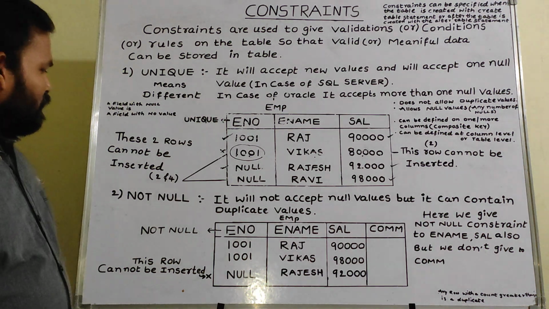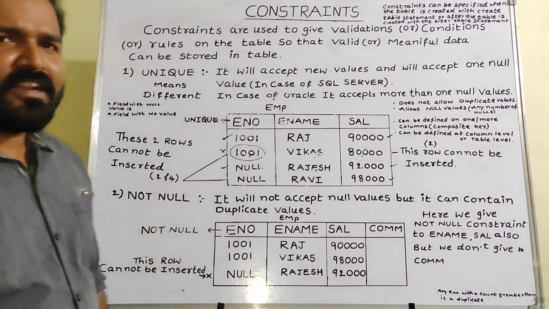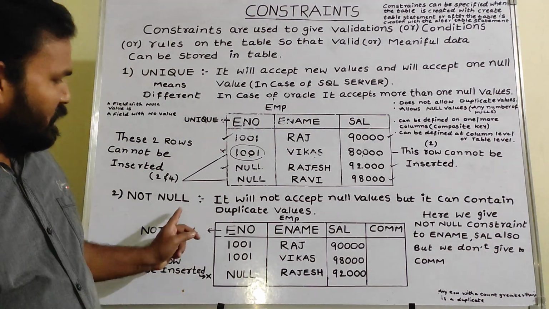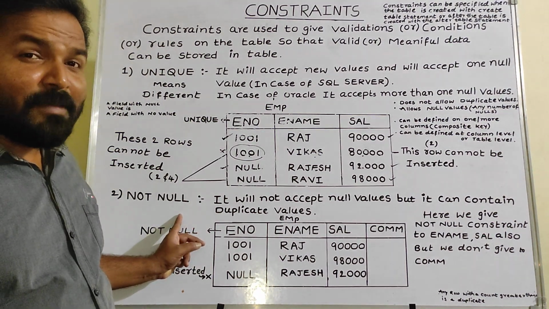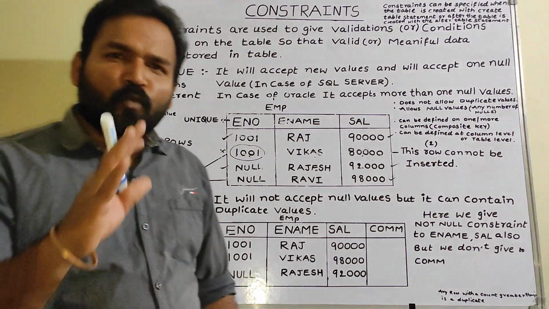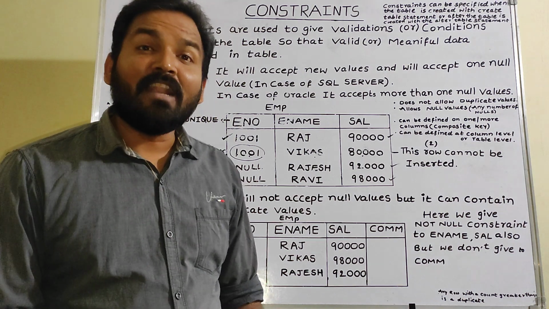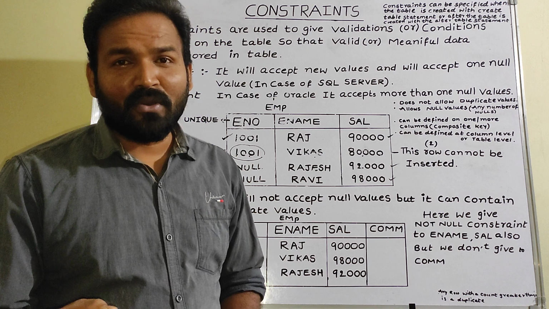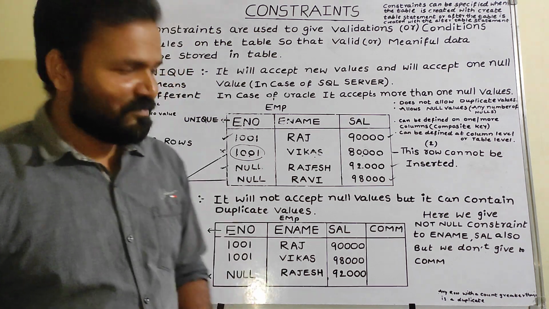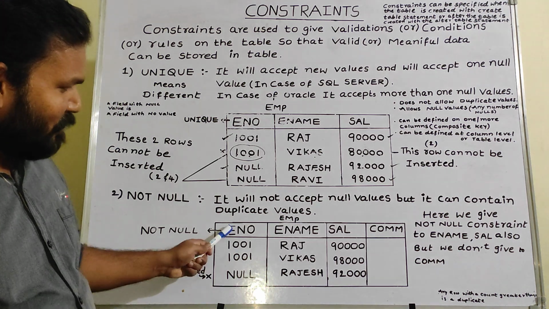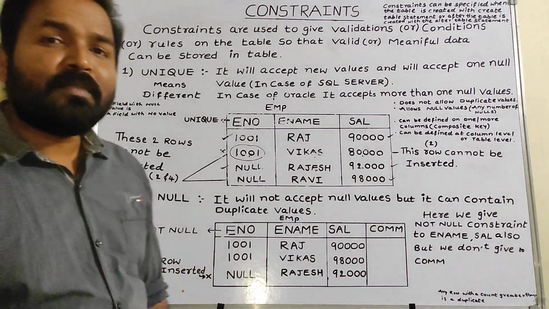Next constraint, not null. As the name indicates, the not null constraint will not accept null values. Null means what? Neither zero nor space. A field with a null value means a field with an empty value.